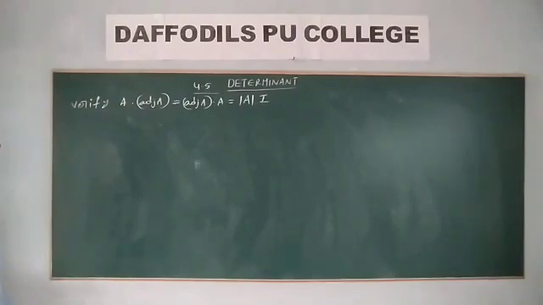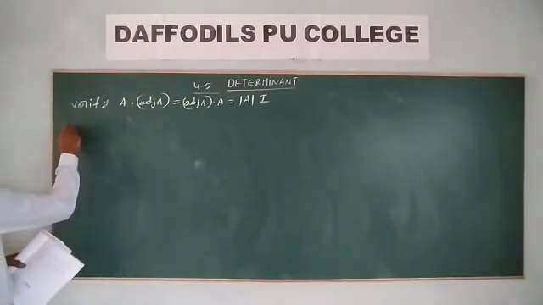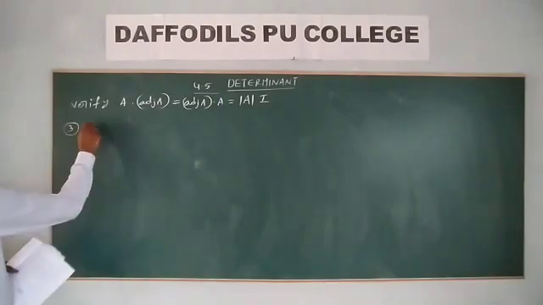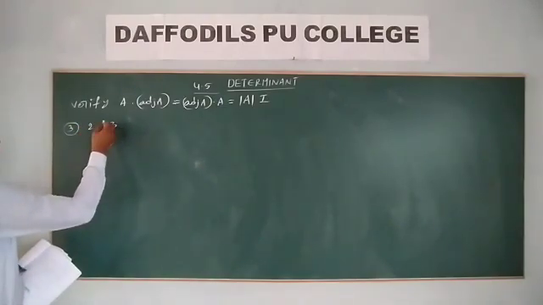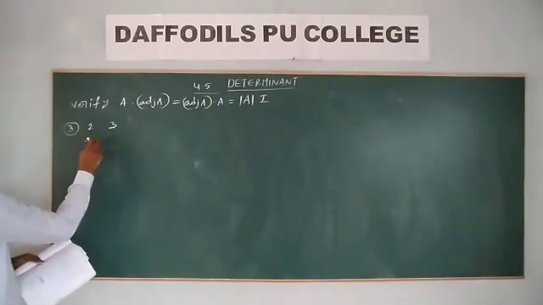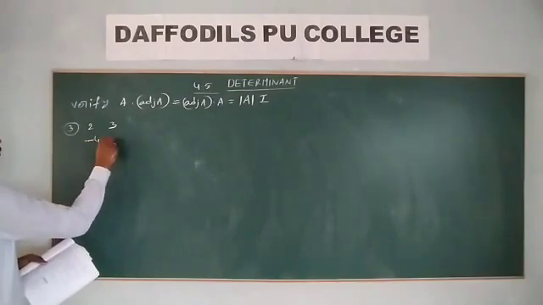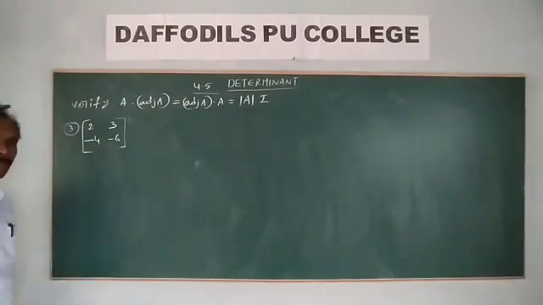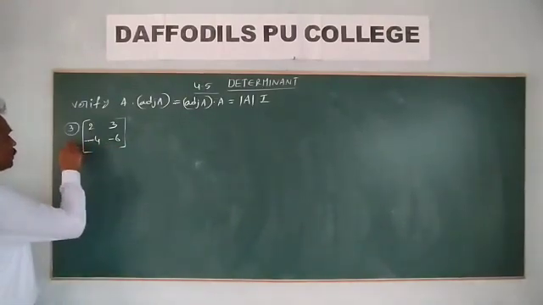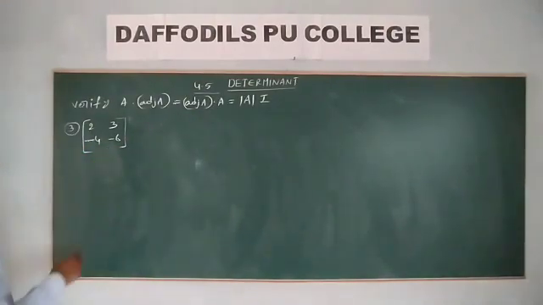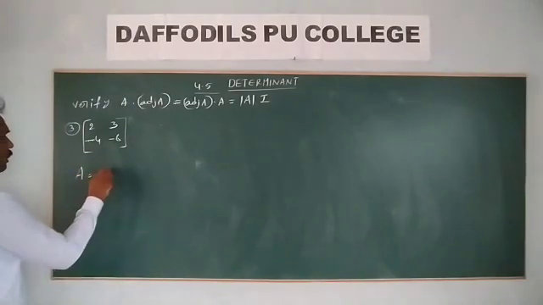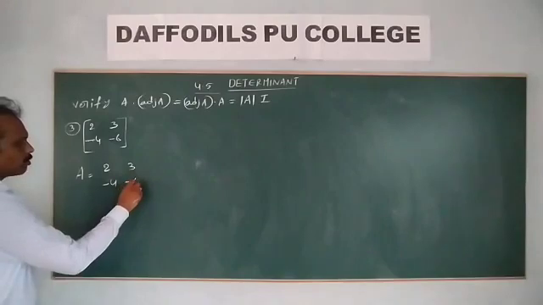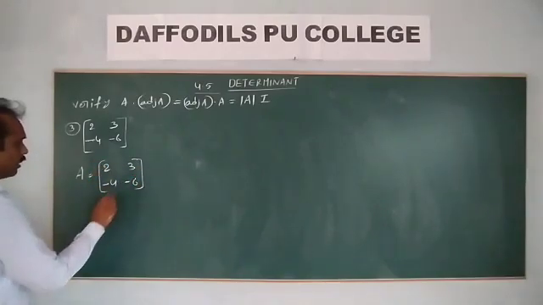Take one problem, the third one: 2, 3, minus 4, minus 6. Let it be A. A is equal to 2, 3, minus 4, minus 6.